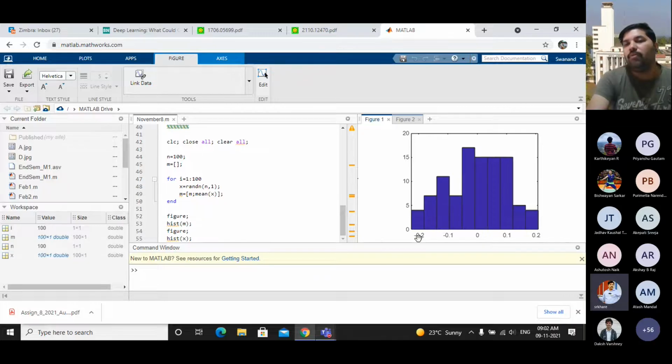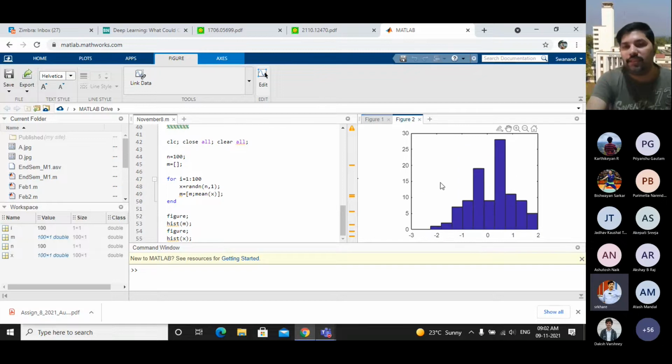But what you have to observe here is the spread. It is between minus 0.2 to 0.2, whereas the sample range goes from minus 3 to plus 3. The variation in the mean is much less. Why? Because the variance is sigma square by n.